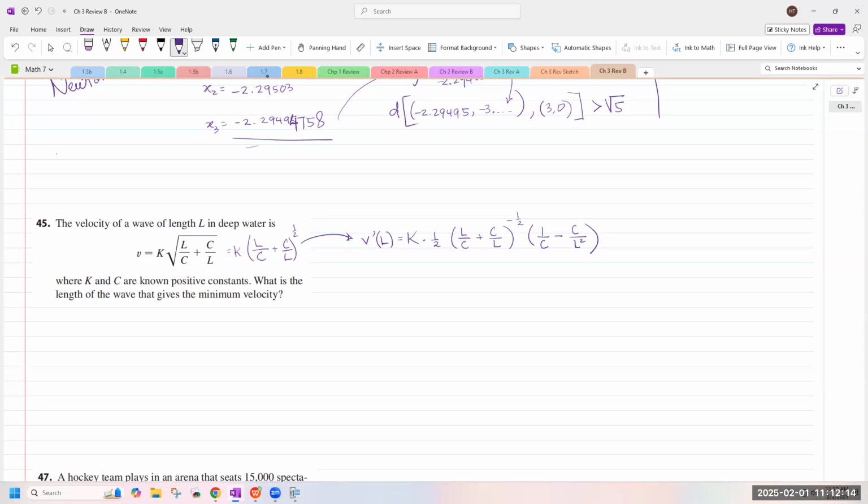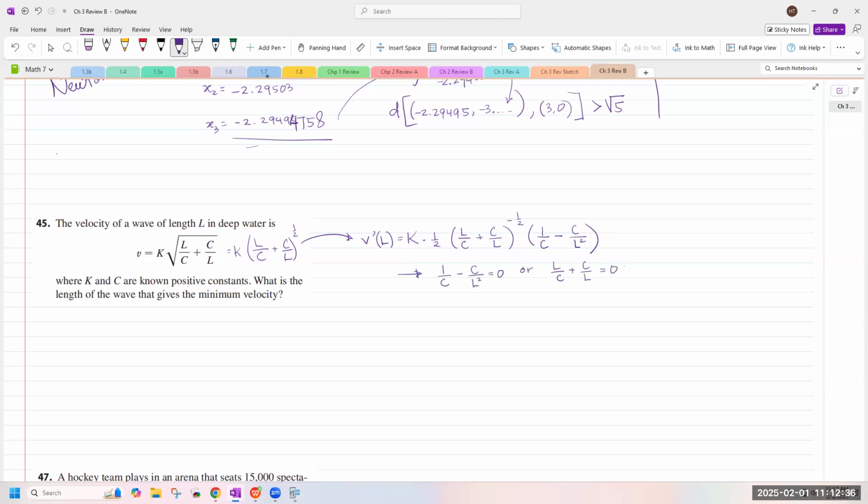C are positive constants. So now this has a critical number when 1 over C minus C over L squared equals 0, or L over C plus C over L equals 0. The denominator gives us 0, right?